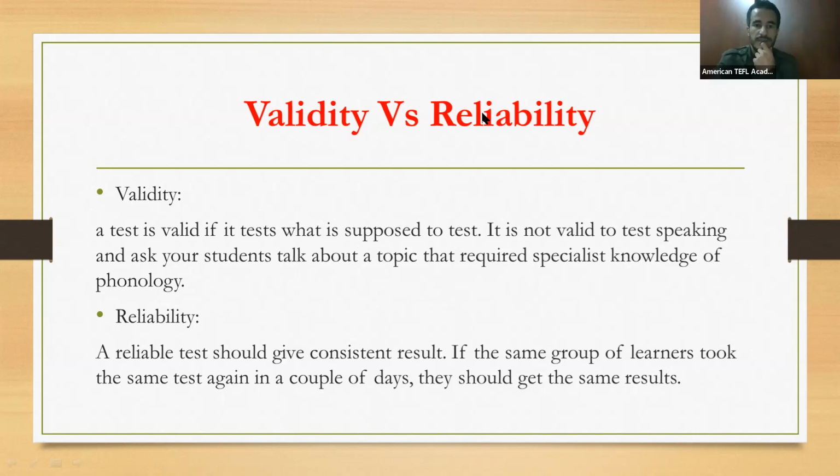Great. Now, validity, let me explain. A test is valid if it tests what it is supposed to test. So you are teaching children and you taught them vocab about food: couscous, pizza, burger. My favorite food is couscous because it's delicious.